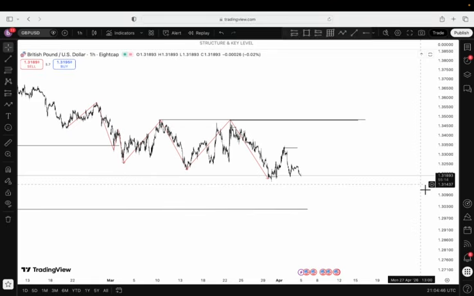I just checked the group, and they say they can't see my screen. Wow. Is it till now? But some people say they can see the screen now. Why? What's happening?